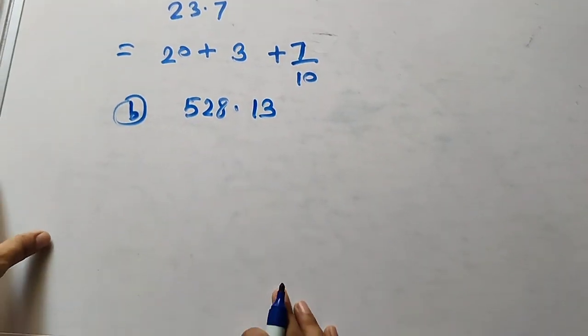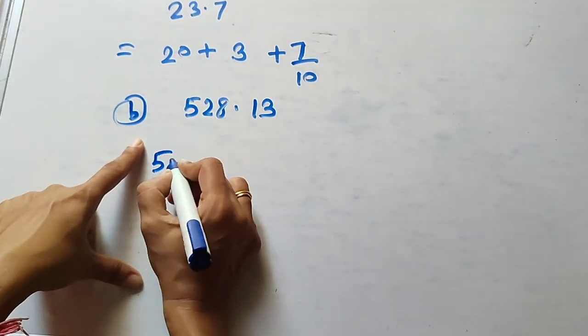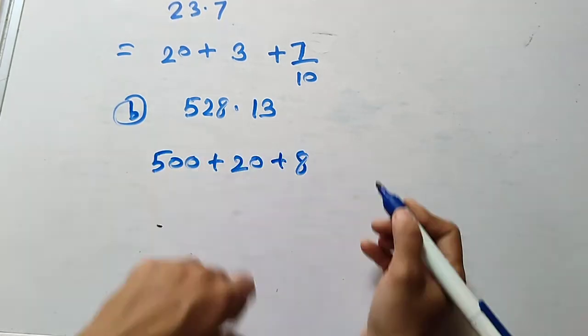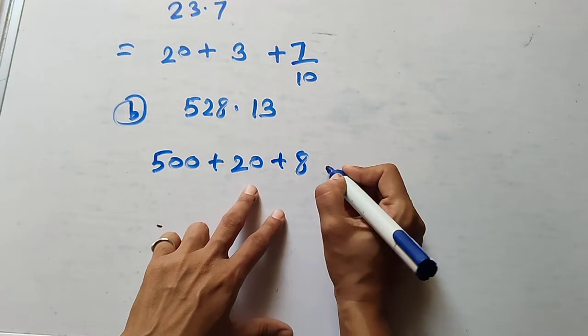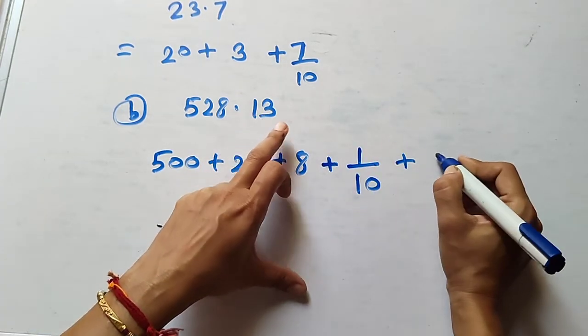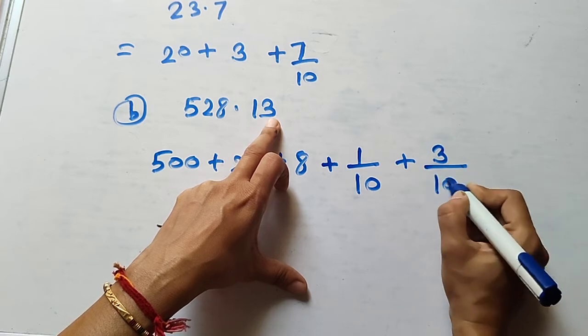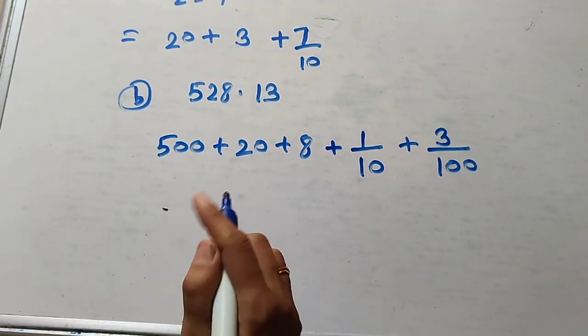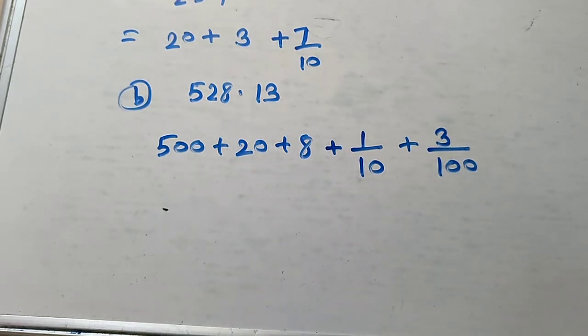How to write in expanded form? 500, so 500 we write, then 20, tens place, 8. We write this number after decimal point, this is plus 1 at tenths place, so 1/10, 3 at hundredths place, so 3/100. Okay, this is so simple. सिर्फ आपको places याद करना है.